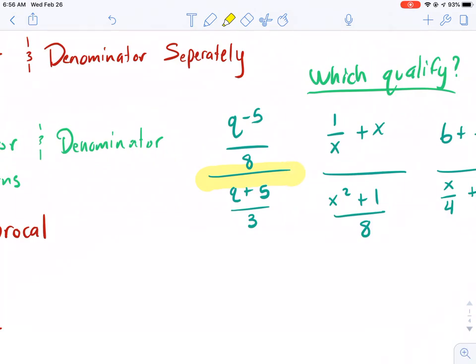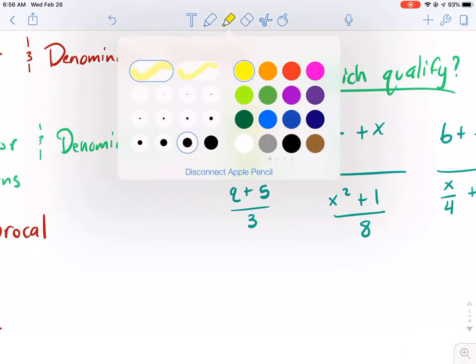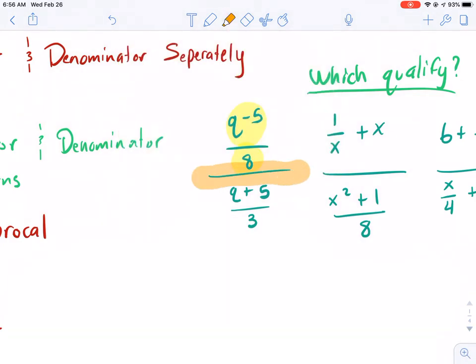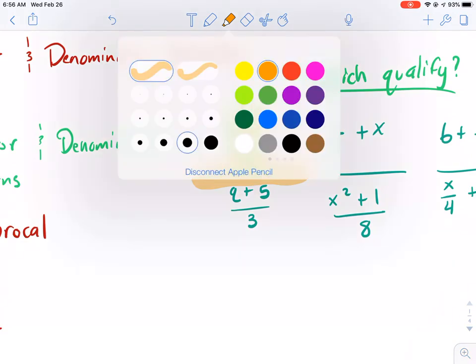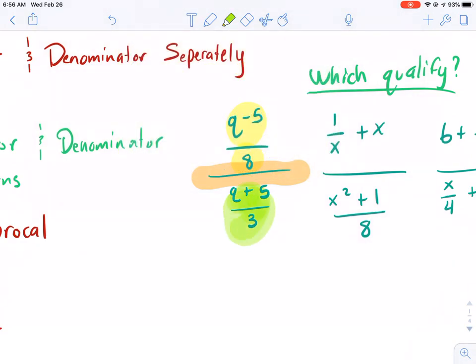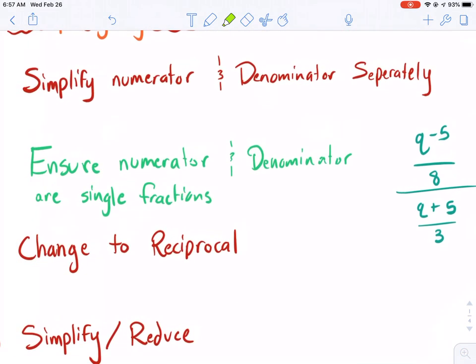Don't think of it as some complicated fraction. You always want to think, I have a top, I have a bottom. This next line is the division. So think of it as separating it into 2 tops and 2 bottoms separately. We have a fraction on the top, yellow, divided by the green fraction on the bottom. So let's clarify which of these has a single fraction.